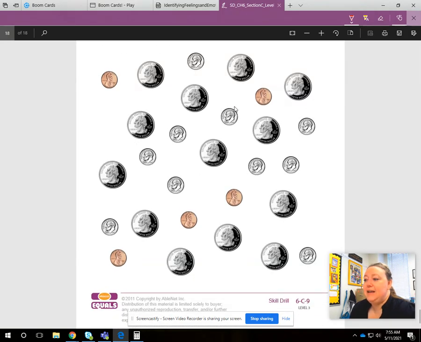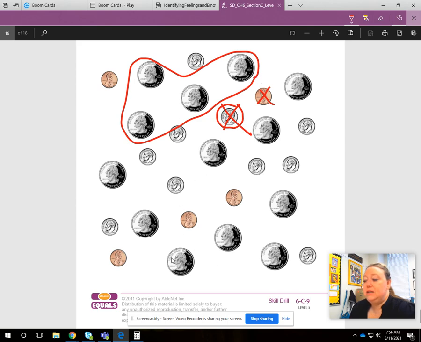Okay, looking down here, it gets a little bit more complicated on the second worksheet because they've thrown in some dimes. So here's a dime. Dimes are tinier. They're only worth 10 cents. So we don't care about the dimes right now. We don't care about the pennies. We're just going to circle these quarters. So 1, 2, 3, 4 quarters equals $1, right?